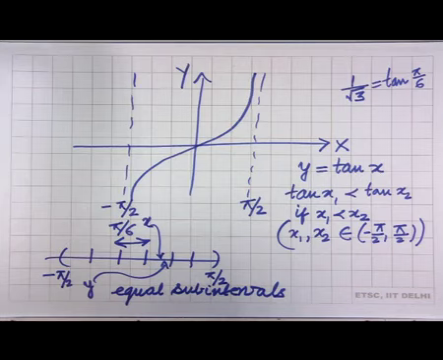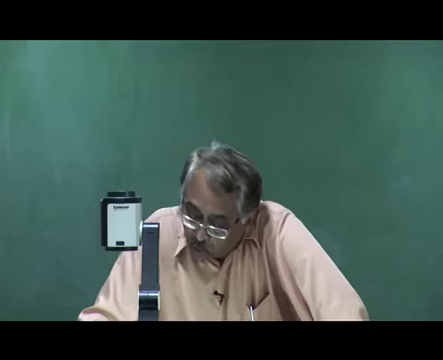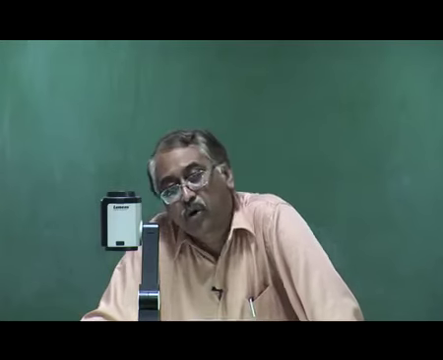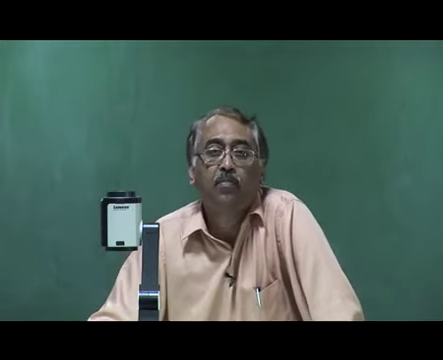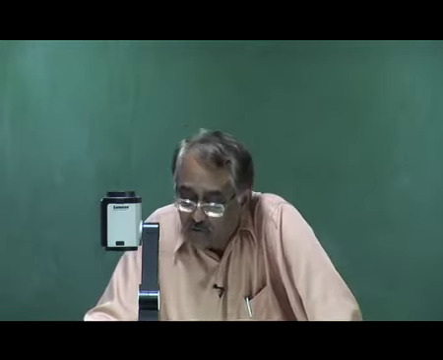So the obvious question that one asks is, how did I choose to place my x and y within the interval minus pi by 2 and plus pi by 2? What if my numbers x and y were outside this to begin with? Because the numbers that are given to me are arbitrary real numbers. So what I really should have done is somehow thought of covering the entire real axis, all the real numbers, by just this interval.